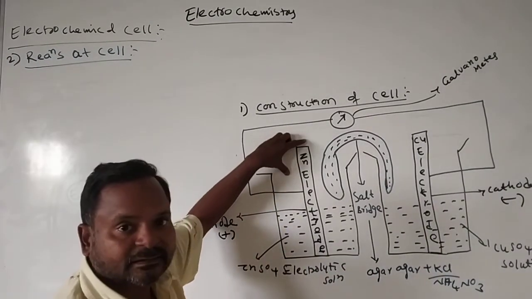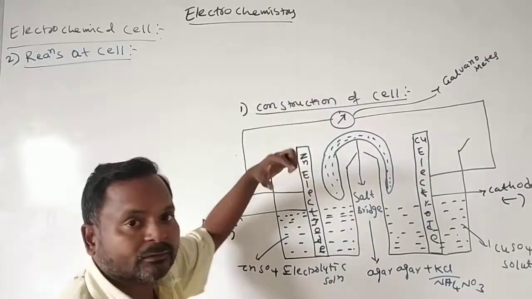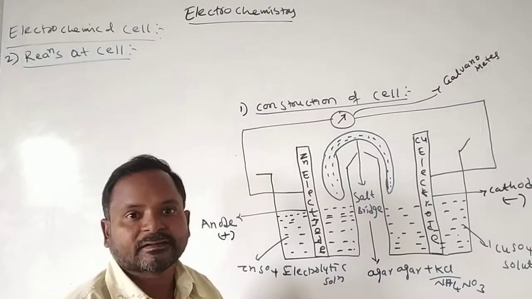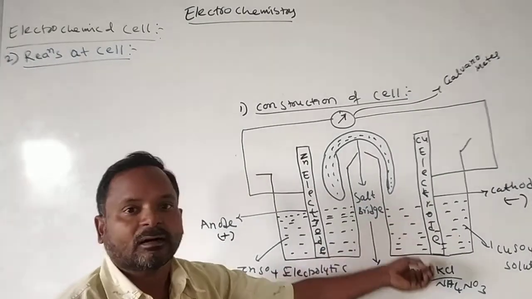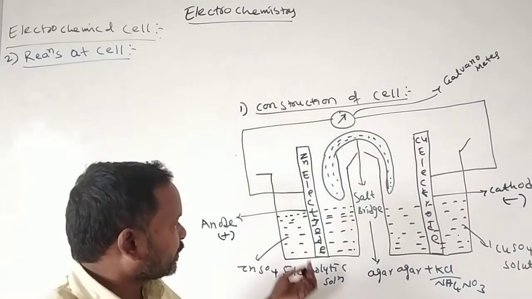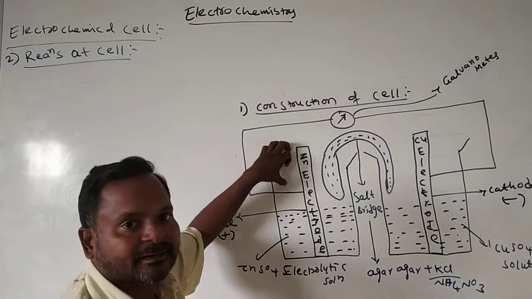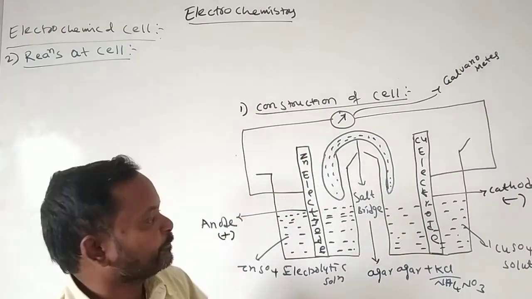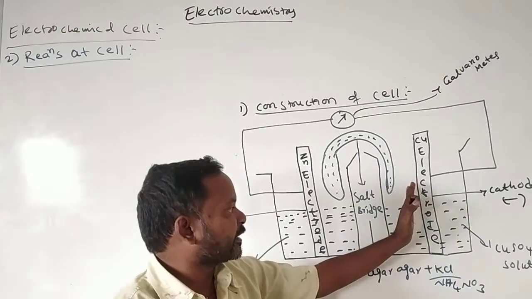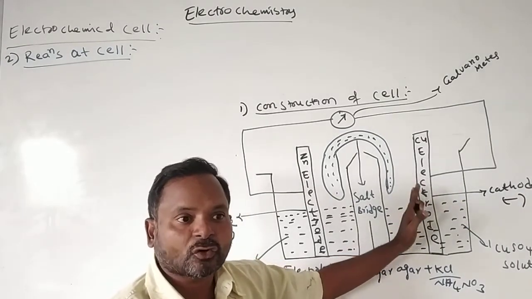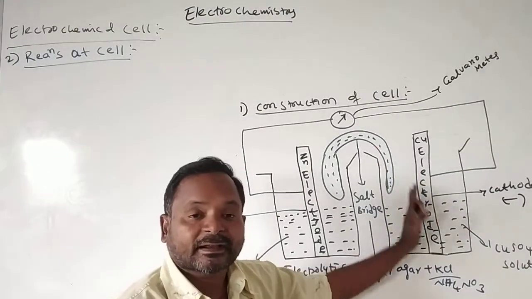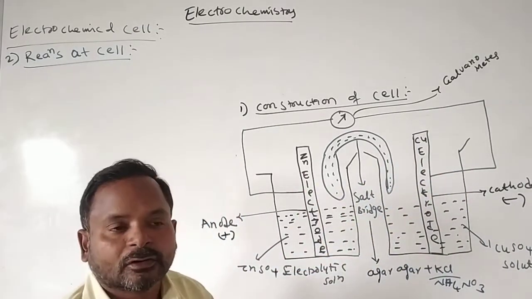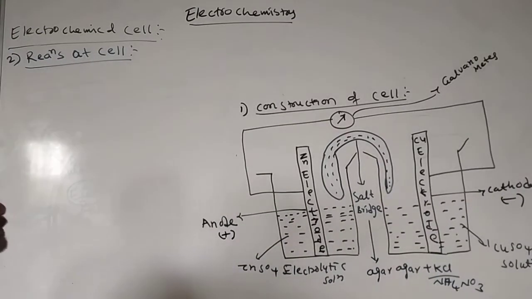The reaction at one electrode we call a half reaction, and the other is called another half reaction. Here oxidation reaction takes place at the anode. This we call the oxidation half reaction. At the cathode, reduction reaction takes place. So this we call the reduction half reaction. Two important reactions are observed at anode and cathode. Those we call half reactions.